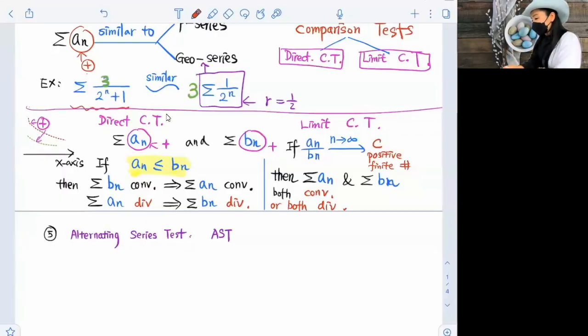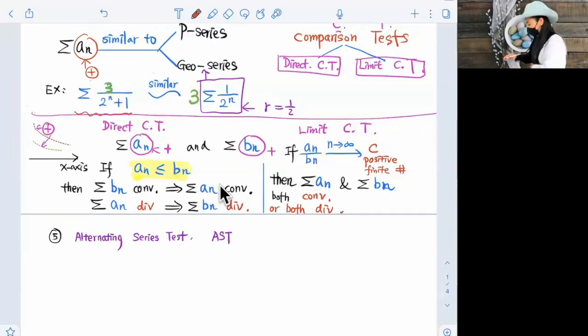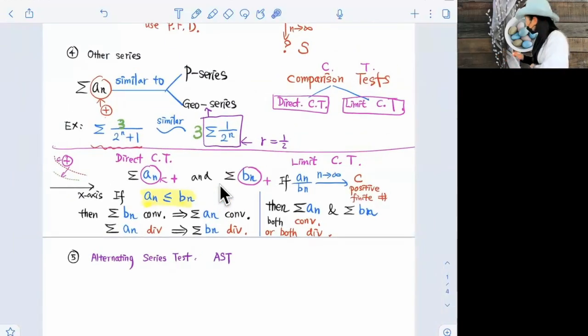Because proving this an less than or equal bn sometimes might not be obvious. So when you have a series similar to either a geometric series or P series, you use a comparison test. You can use this one or this one, but I think this one here is more obvious.